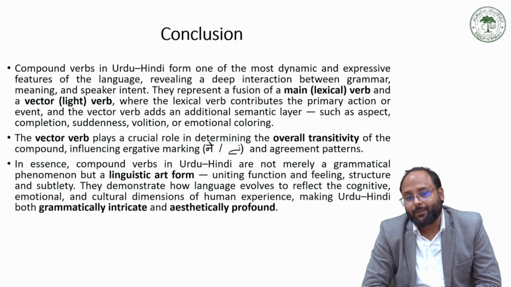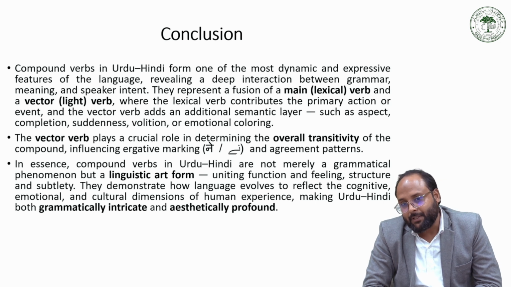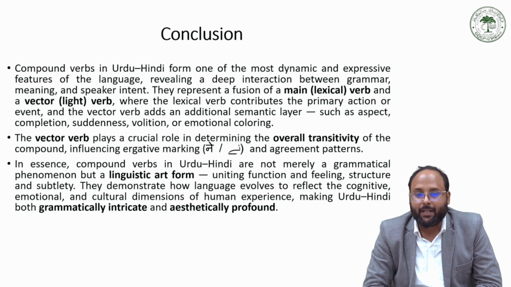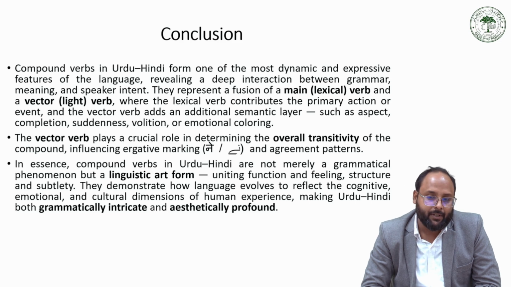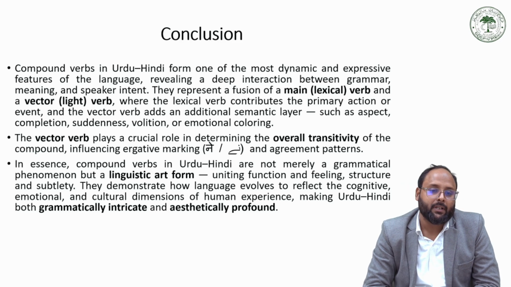And the vector verb plays a crucial role in determining the overall transitivity of the compound. If the vector verb is transitive, the whole compound is transitive. If the vector verb is intransitive, the whole compound verb is intransitive. When it is transitive, it will take the ergative marking on the subject. And when it is intransitive, it will not take the ergative marking.